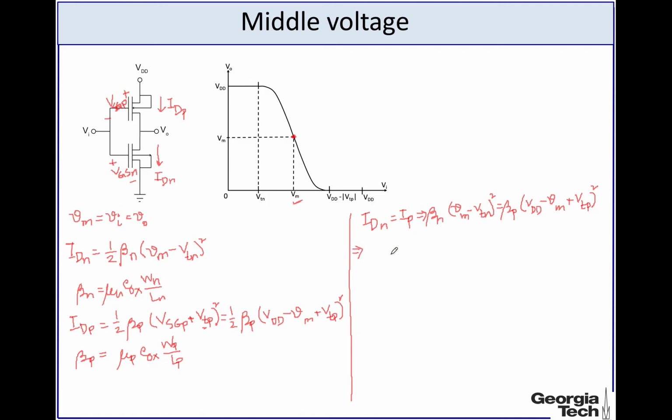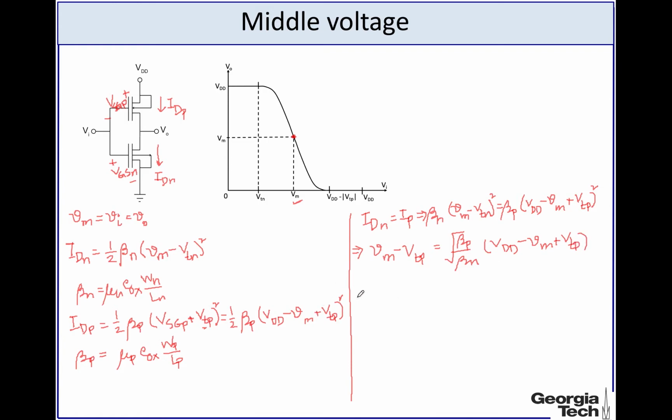If we do some more math, we see VM minus VTN equals the square root of beta P over beta N multiplied with VDD minus VM plus VTP.